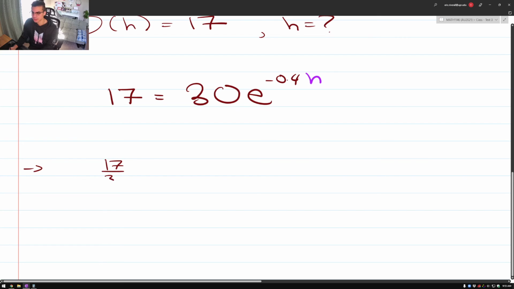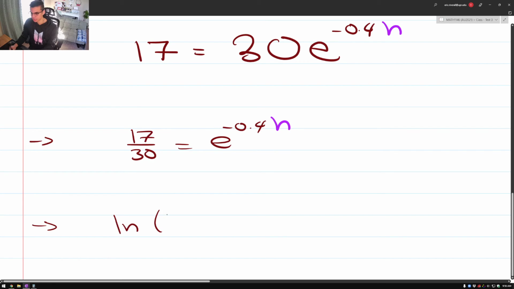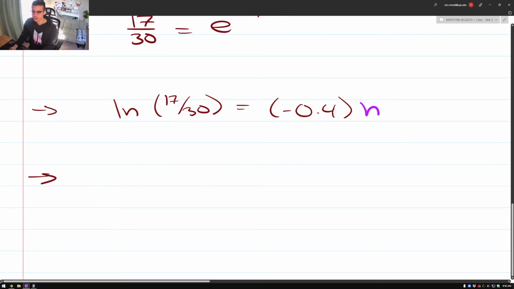Divide both sides by 30. Natural log to cancel the exponential expression. So we have natural log of 17 divided by 30 equals negative 0.4 times H. You divide both sides by negative 0.4 to get H.